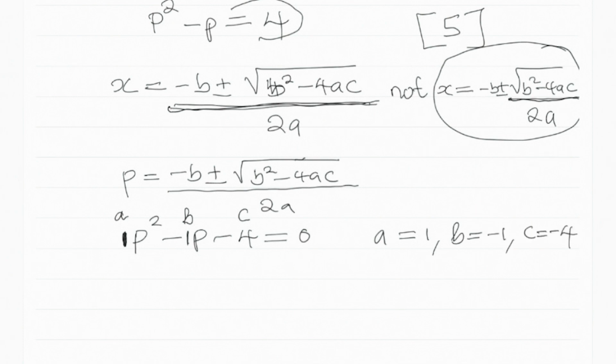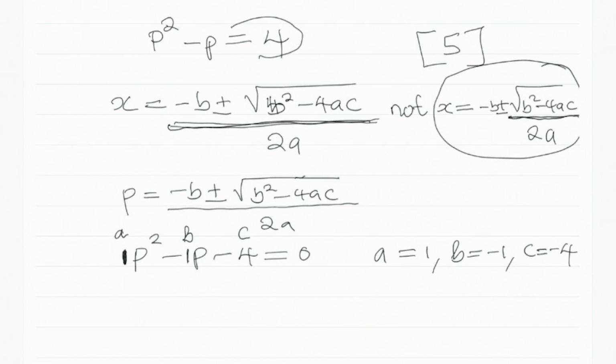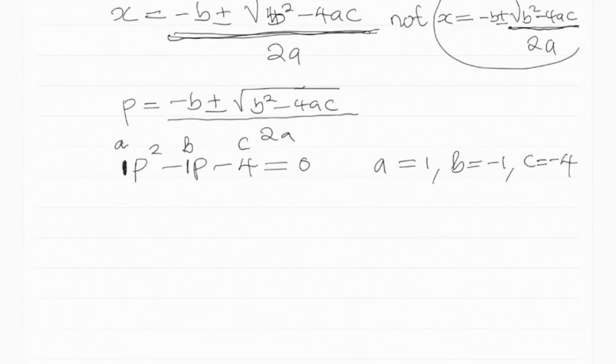Having done that, you simply now substitute the values of a, b, and c in the quadratic formula. So the formula is p equals negative, what is my b? My b is negative 1, right? So I'm going to write it as it is. I shouldn't be disturbed or confused because of the negative sign that I'm already seeing there. I have to lift the value of b with the sign itself without disturbing it.